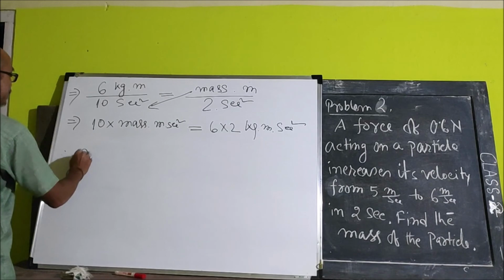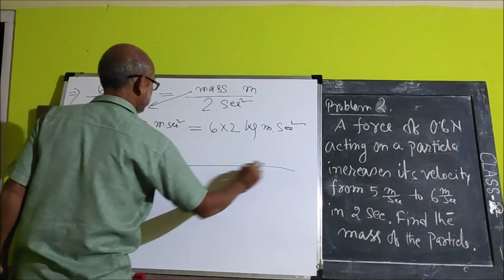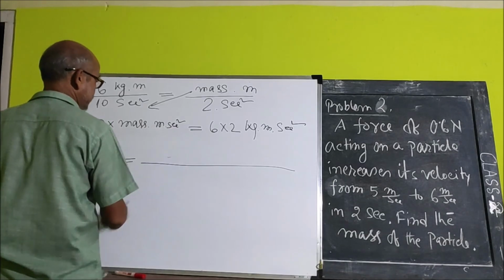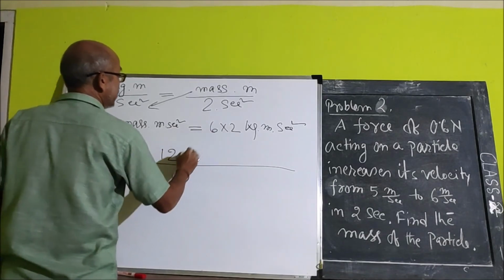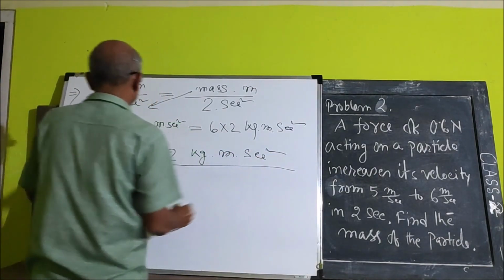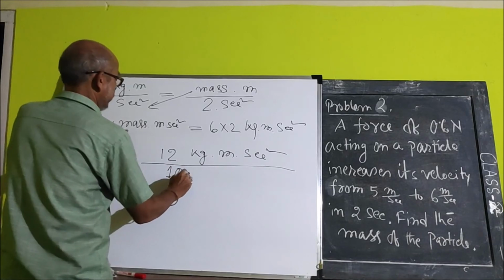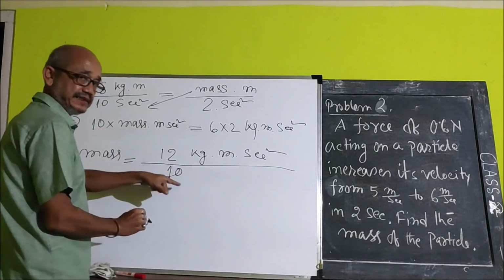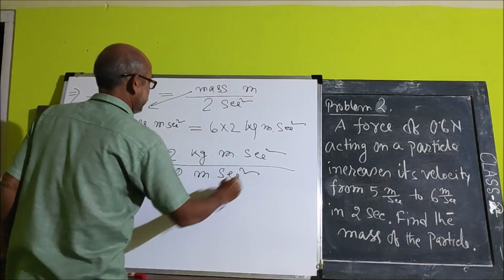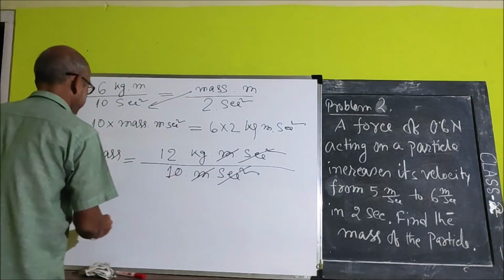Therefore mass equals 6 into 2, which is 12 kg meter second square, over 10 meter second square. Second square cancels, meter cancels.